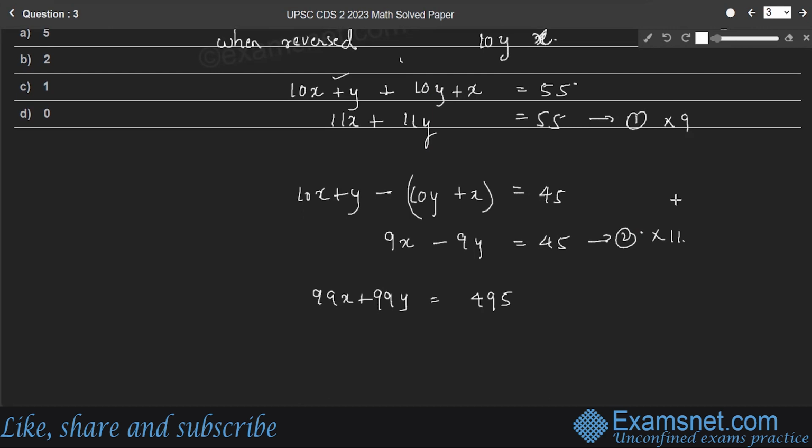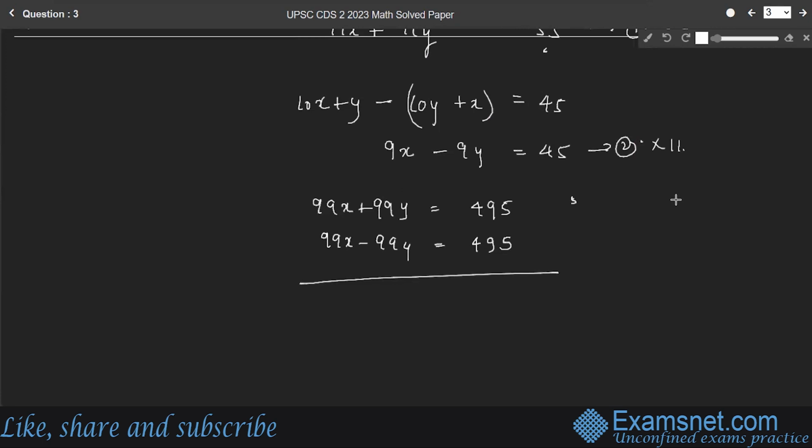And equation 2 becomes 99x minus 99y is equal to 45 into 11, which is also 495. Yes, both are the same.